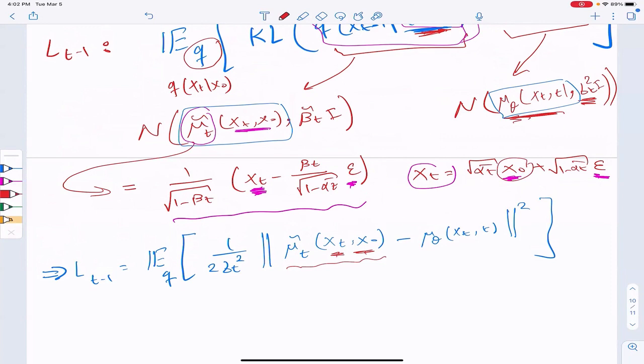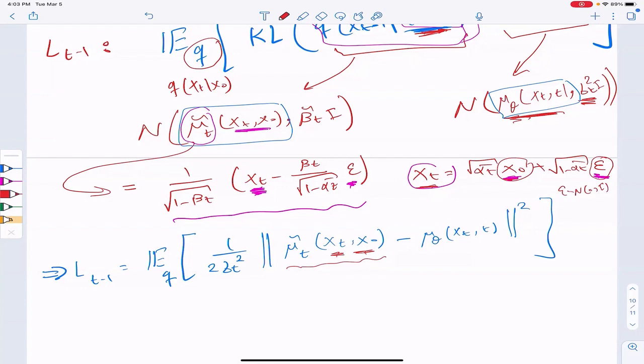So let's say I'm looking at a particular image, x0. I'm just going to draw some Gaussian noise epsilon, epsilon according to Gaussian noise. And based on that, I have xt. This is the formula for the forward process. And I'll use this formula, xt, minus beta t, it's a fixed parameter.